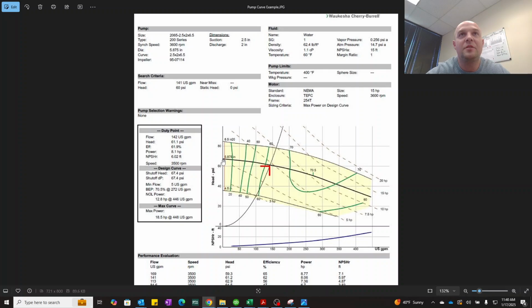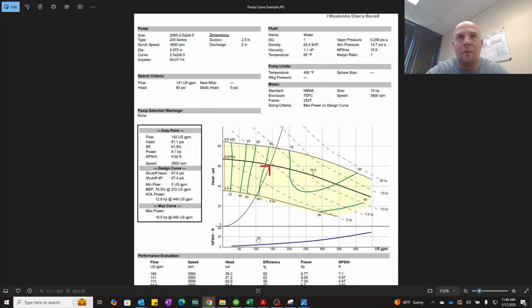If we get past this red line, that's the shutoff point for the curve of the pump. That's where the pump is going to deadhead and basically you're not going to get any flow out of it. We see a lot of cavitation there, right? And that's when the pump casing gets really hot, the fluid starts to boil, and if you're feeding a homogenizer, that's going to create a lot of problems from an inlet suction standpoint. So we always want to make sure we're getting out to the right on the curve, because if you go too far left, you start getting into some trouble.